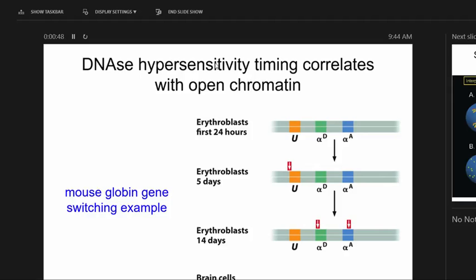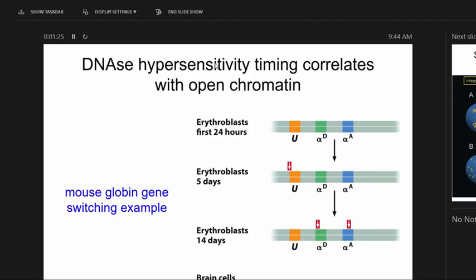So early on, no globin genes are expressed, and it's because they are all in chromatin that is not accessible. The way we tell if a certain area of the chromosome is accessible to transcription factors is by using an enzyme called DNase that will break up DNA, and it is not sequence specific, so it would break anywhere in here, and you can get sensitivity there early on.